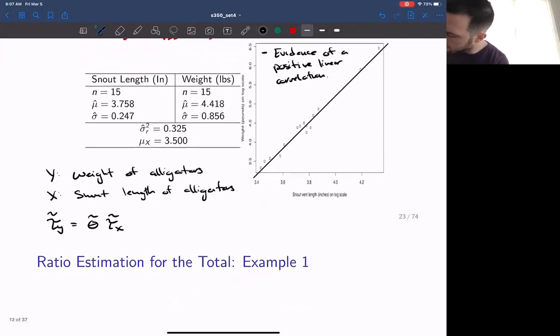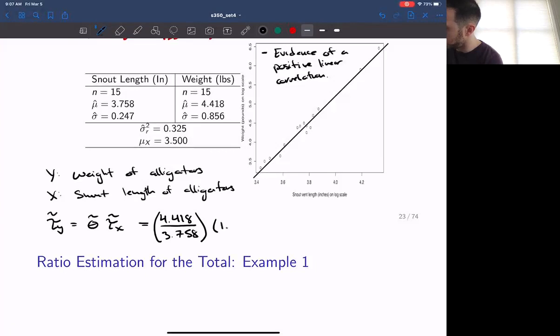Okay, so here we're going to have the ratios of the two populations. So this is going to be 4.418 divided by 3.758, multiplied by capital N. And in this case we actually have mu x.